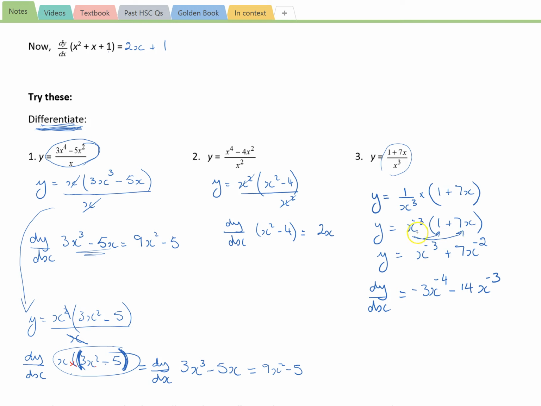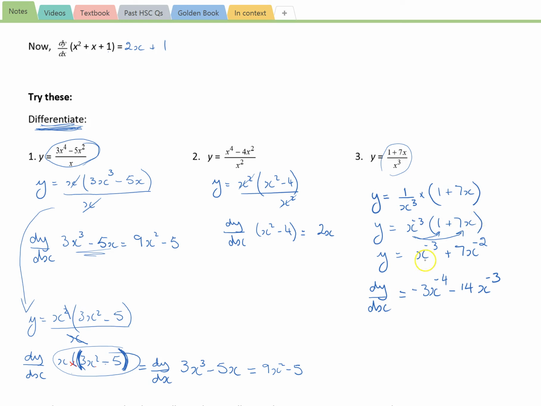So of course the first term, x to the minus 3 times 1, is x to the minus 3, and for the 7 term, we add the indices when we multiply, and minus 3 add 1 is minus 2. Now don't get that confused with what we do when we differentiate. We're multiplying terms, we add the indices.